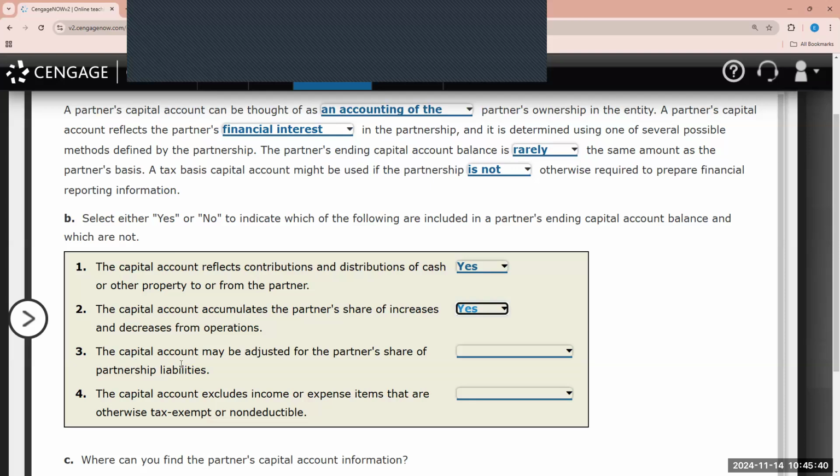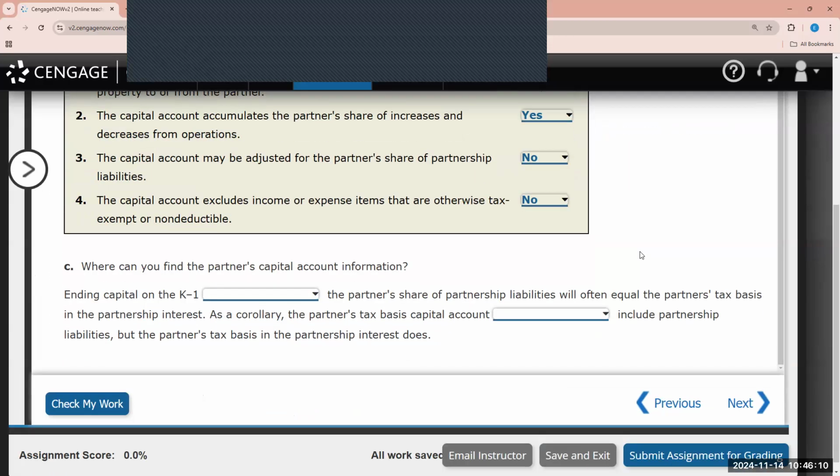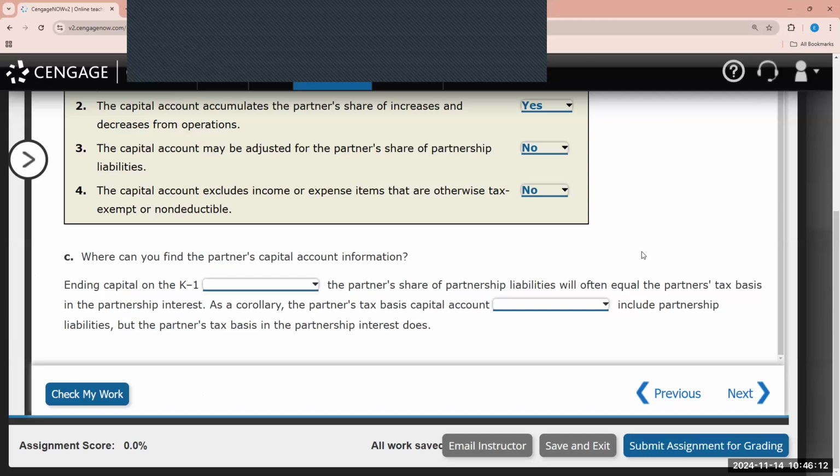Here it states the capital account may be adjusted for the partner's share of partnership liabilities. No. Number 4, the capital account excludes income or expense items that are otherwise tax exempt or non-deductible. This is also no. All right. So obviously, as we see that, there are some nuances. Some things impact the capital account and other things impact the basis. You want to be able to differentiate between what impacts what.